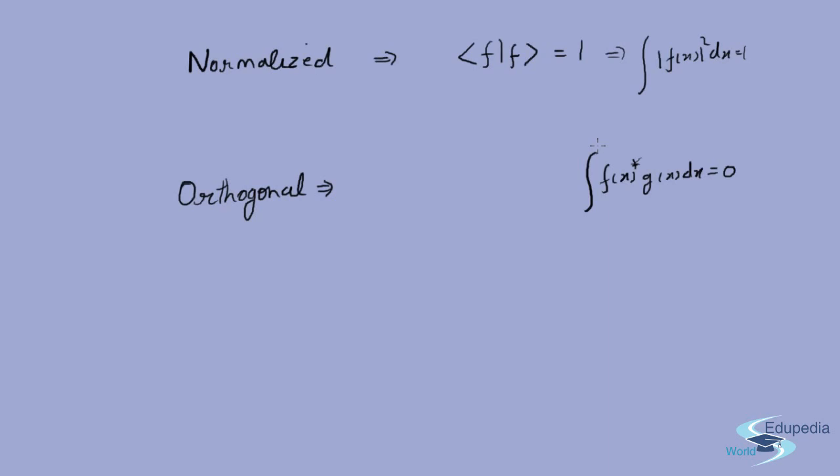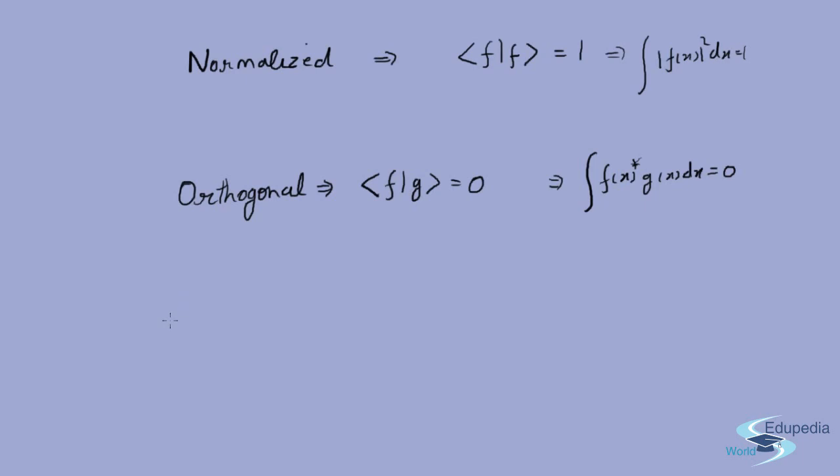So the limits depend on the problem, but generally they're supposed to be from minus infinity to infinity. And this can now be written as the inner product of f with g is 0. So now we see we're putting everything we've learned before into a more elegant definition. Instead of saying that the integral of the complex conjugate of one function multiplied by another should be 0, we simply say that the inner product is 0.